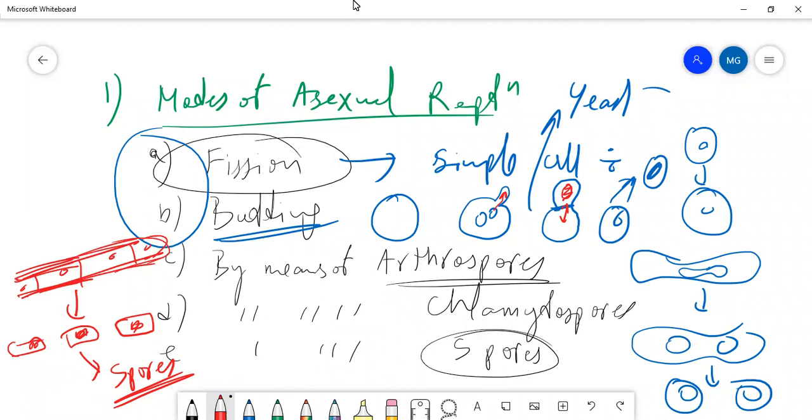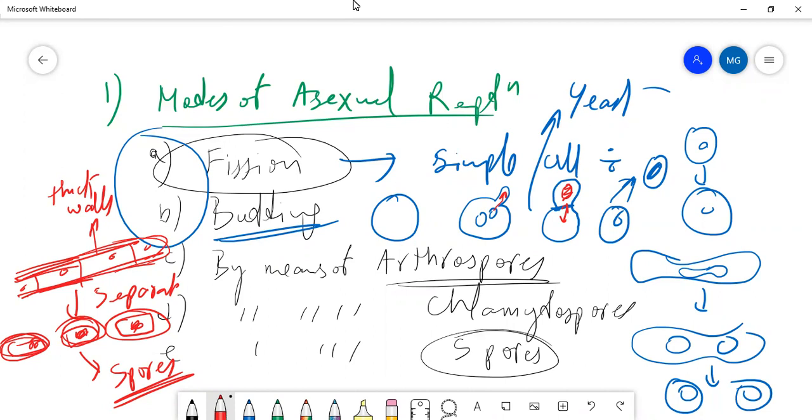So the prerequisite is that the walls become thick, and then the cells separate. Thick walled spores, we call them chlamydospores. This is what is chlamydospores.